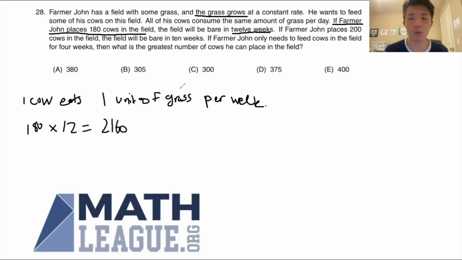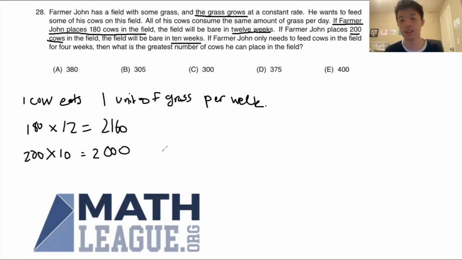Whereas if Farmer John were to place 200 cows in the field, then the field would be bare in 10 weeks. What does that mean? It means that a total of 200 cows, each cow eats 10 units of grass. So a total of 2,000 units of grass will be eaten in the second case.